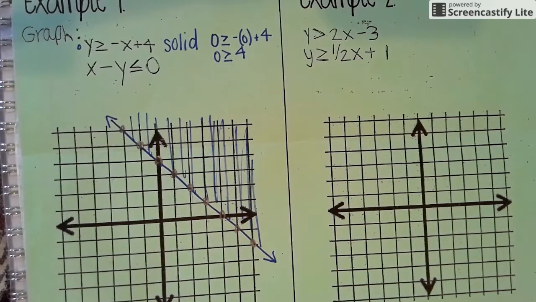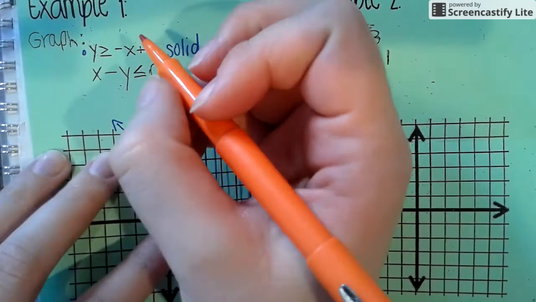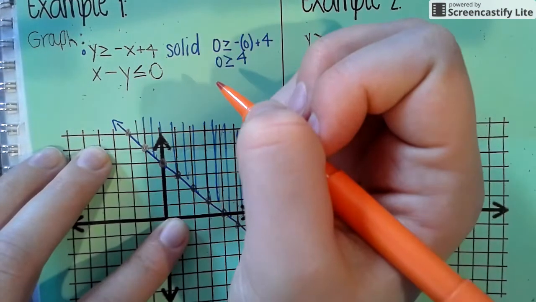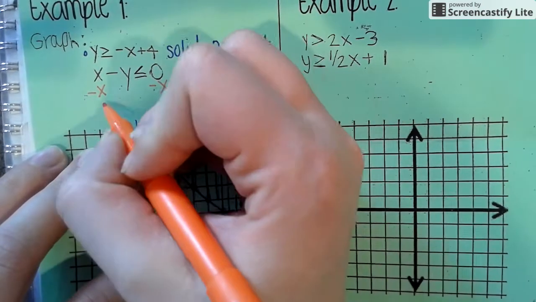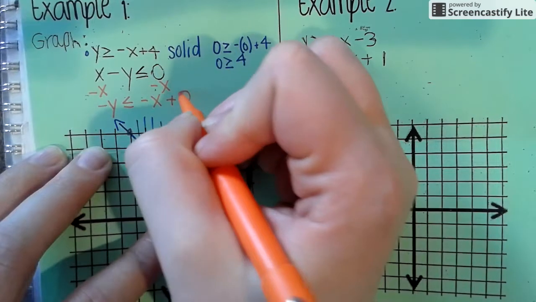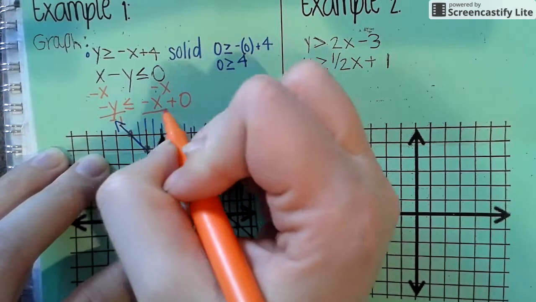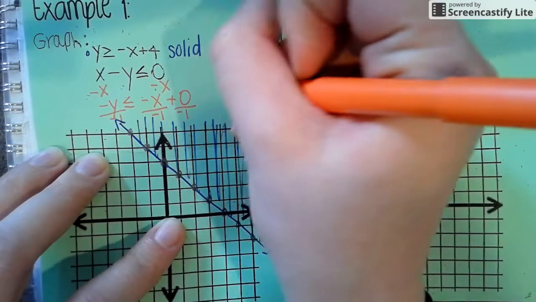Okay, now I'm going to do the same thing for the second inequality. And notice this is not in y equals mx plus b, so I'm going to solve for y, negative x plus 0. I divide by a -1 to get y by itself, and because I divide by a negative, I have to flip the sign in the inequality.